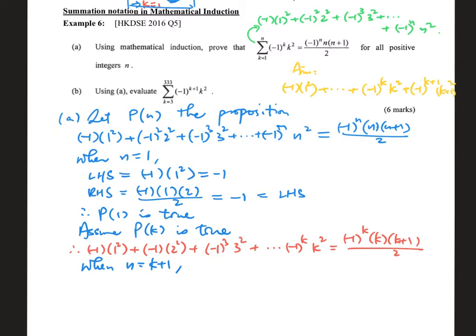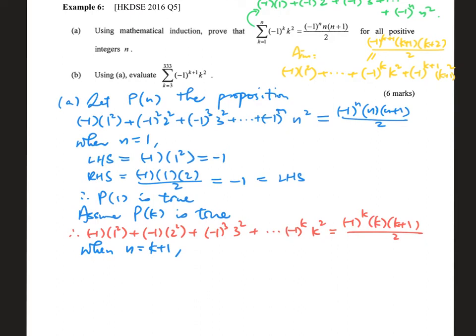And according to the result, my aim is equal to minus 1 to the power k plus 1, and then k plus 1 plus 1, that means k plus 2 over 2. And this is our aim. So when you do anything onwards, your aim will be the expression as follows.